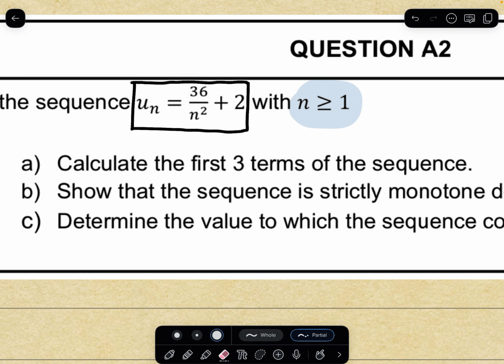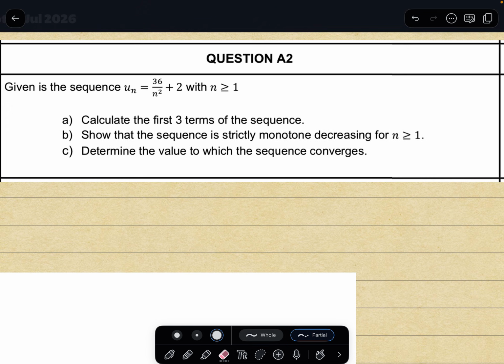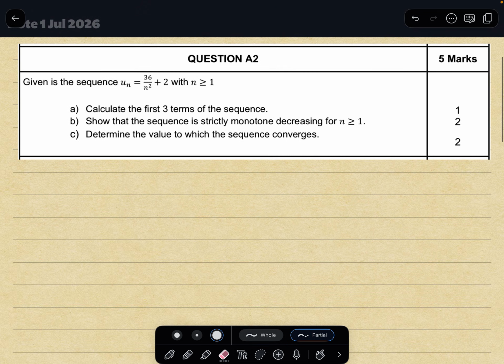This type of thinking of what u_n is going to be as n increases will give you some insights as to, for example, what the limit of such a sequence could be if you're asked that question. But first, here we're asked to just calculate the first 3 terms of the sequence.